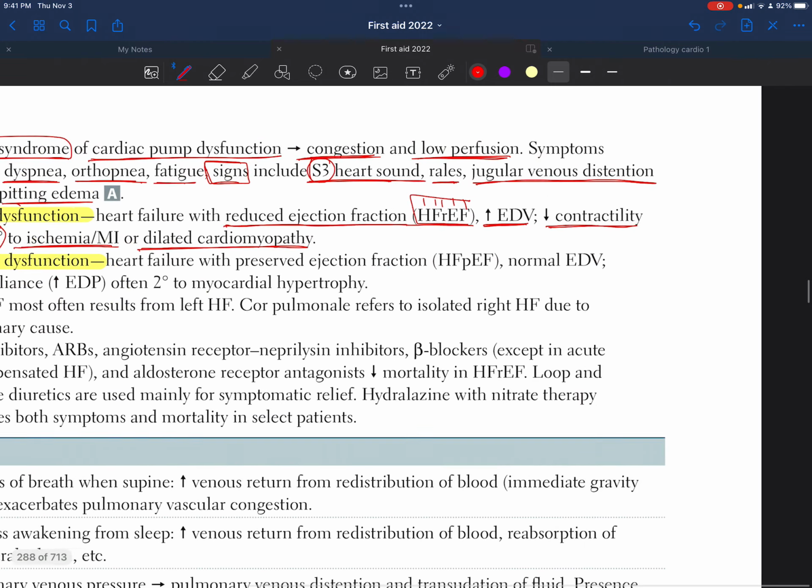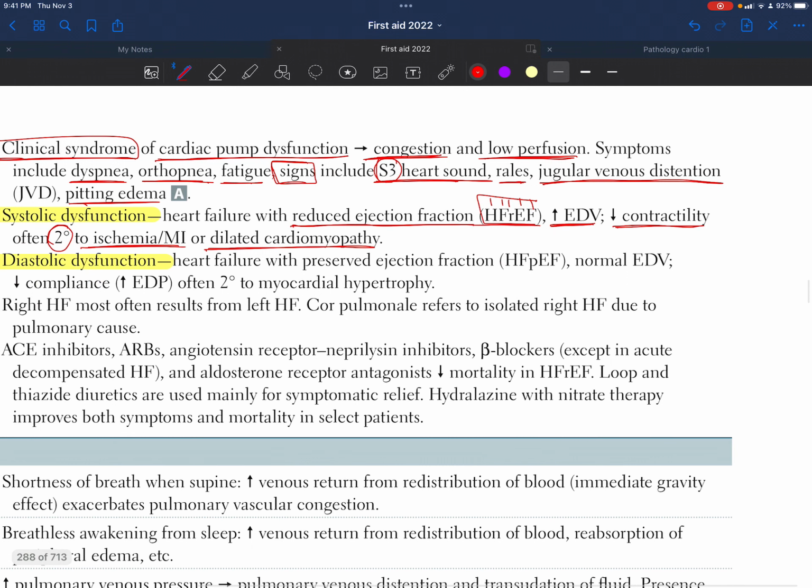So basically what is happening here is that the heart cannot pump all the blood that needs to be pumped, because part of the pumping ventricle is already dead, or the ventricle is already dilated, so it's not working properly. That's why we see an increase in the end diastolic volume.